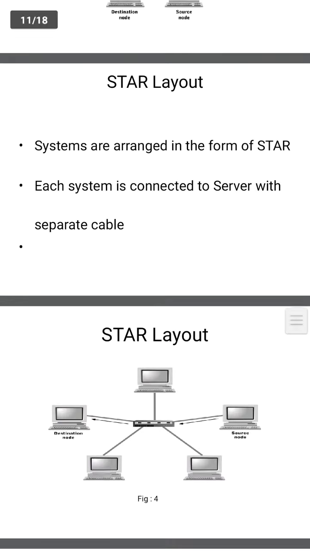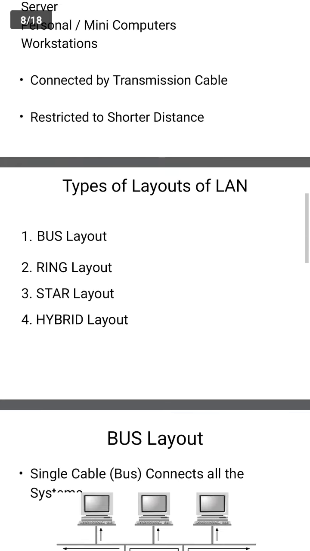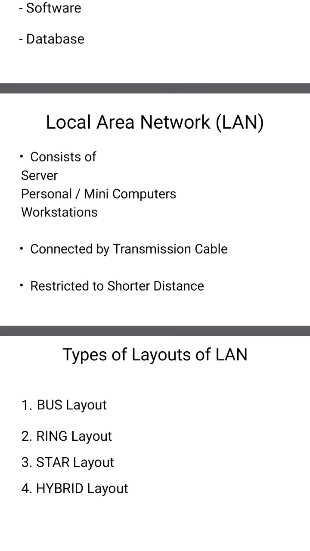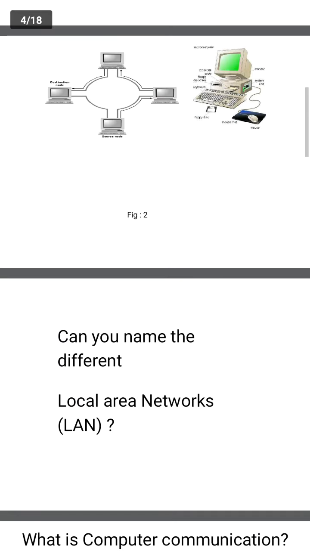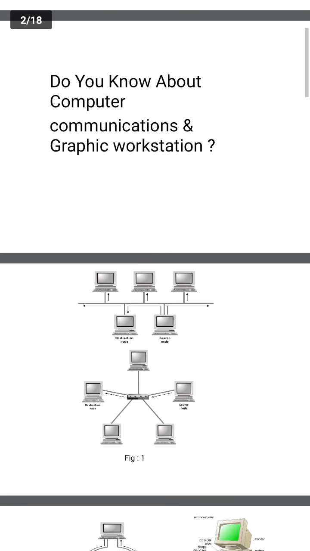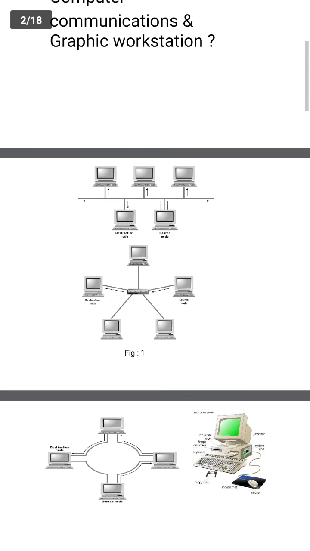What are LANs? What are the different types of LANs? What is bus LAN? Types of layouts of local area network. Next, computer communications, and communication with the graphic workstation. Next, what is LAN? We have studied: it is a group of computers and peripheral devices that share a common communication line or wires, or servers within a district, is called a LAN.